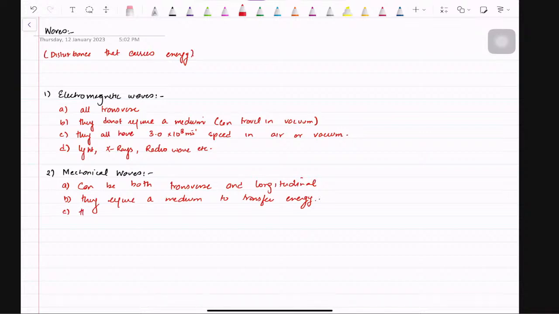They cannot travel in vacuum. Now, some of the examples are sound, seismic, which is the earthquake ones, water, etc. Right? So these waves form here.